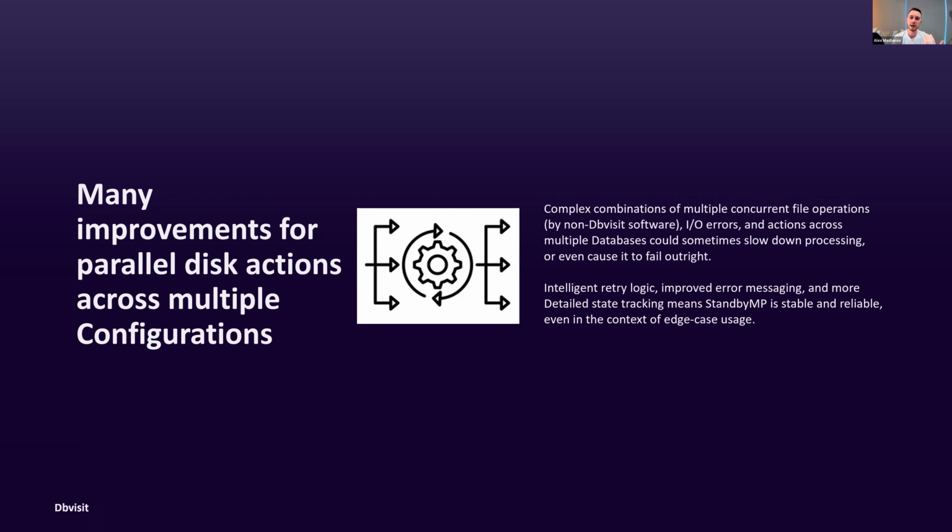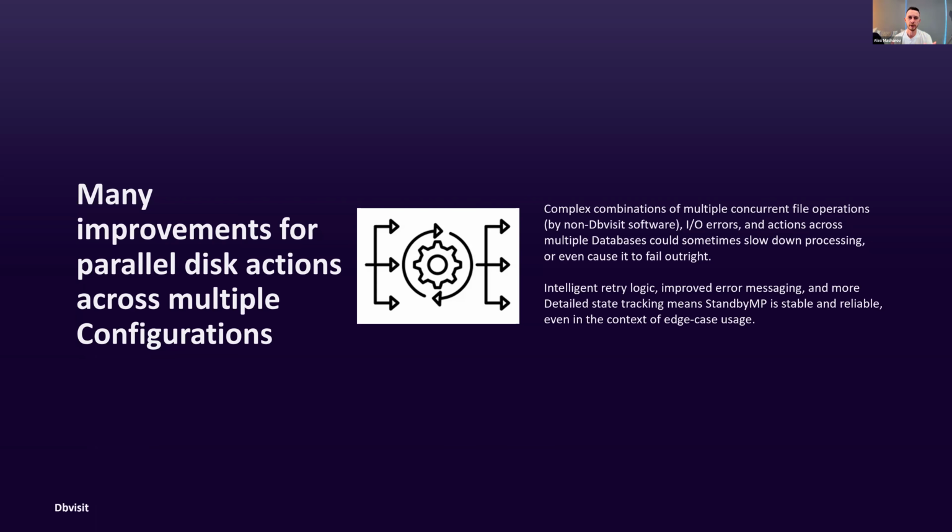So sometimes we found that in combinations of multiple concurrent file operations, nothing to do with our software, by the way. Once again, we're talking about things like various applications that may be utilizing database files, antivirus software, or cybersecurity software that's got its tentacles in everywhere, keeping track of things.